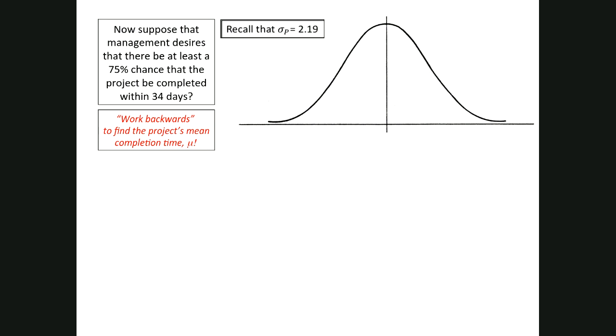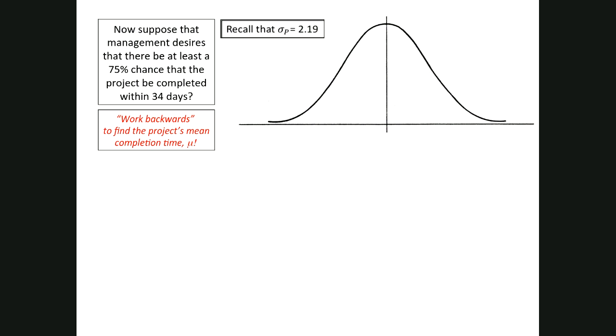So our X value is still 34. We also want to remember that our standard deviation for the project is still 2.19.